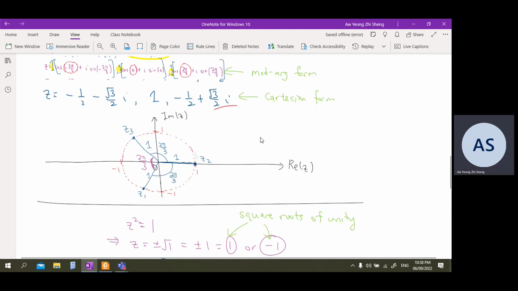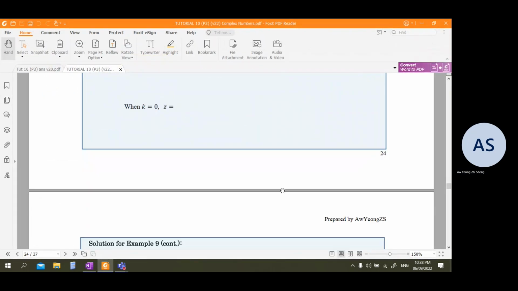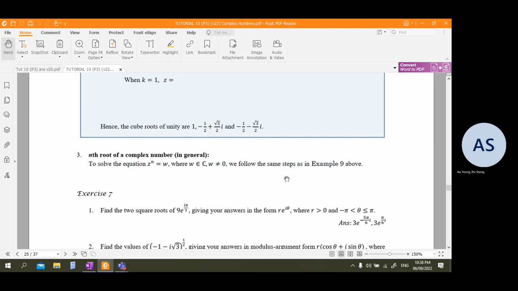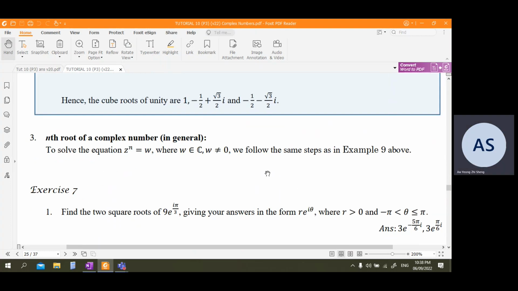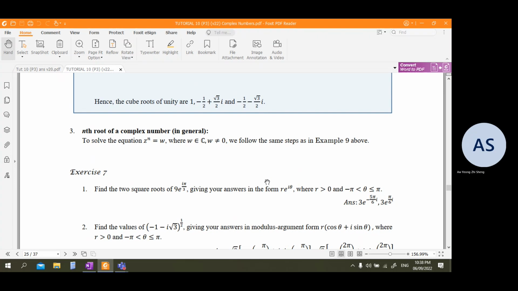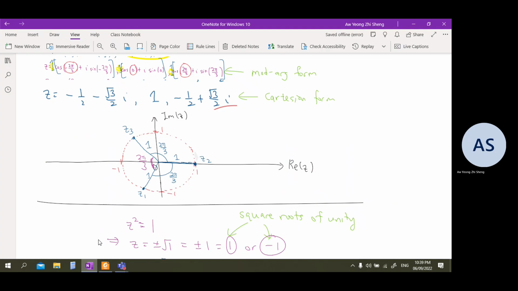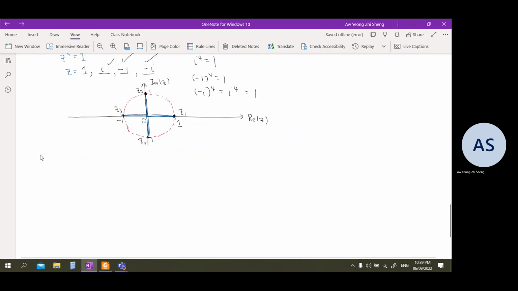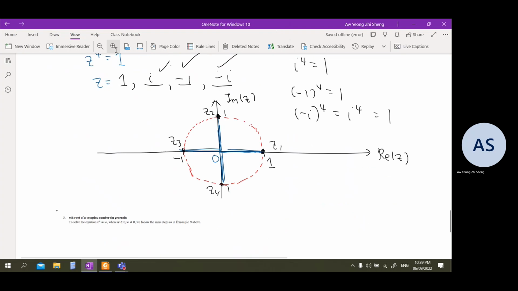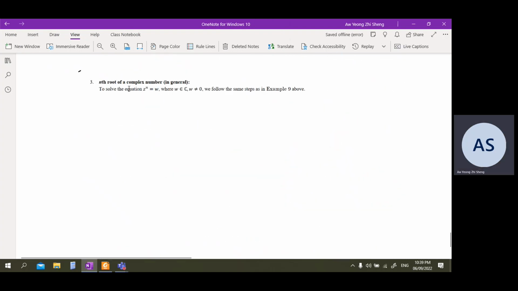Right, now let's read point number 3 on page 25. N root of a complex number in general. So here it says to solve the equation z power n equals to w, where w can be any complex number and w is not 0, we can follow the same steps as in example 9 above.